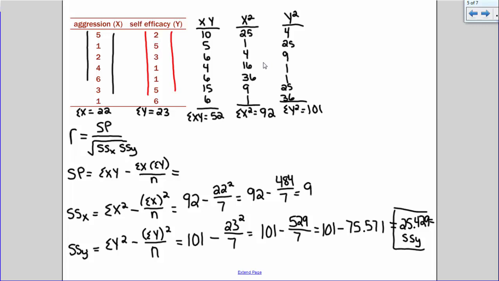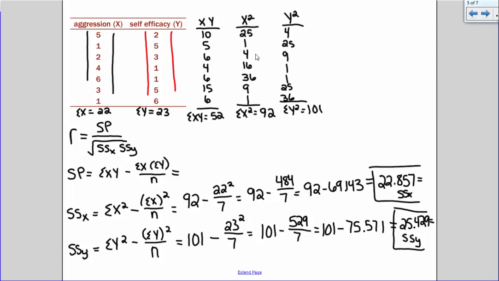So this becomes 92 minus 484 divided by 7, which is 69.143. And 92 minus 69.143 gives me 22.857. That's my sum of squares for aggression, or x.